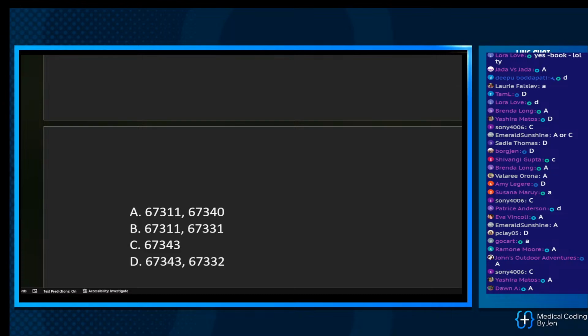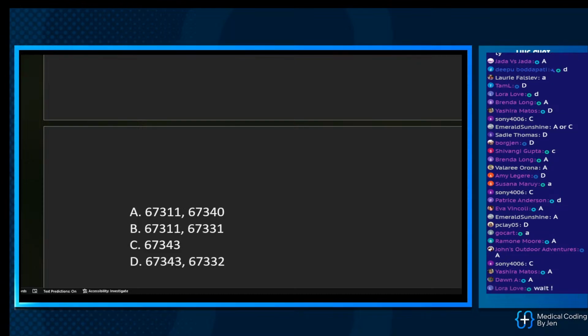373, 43, and 11. We got two different codes. Let's go see what our differences are. 67311. All right, these two have the header of extra.